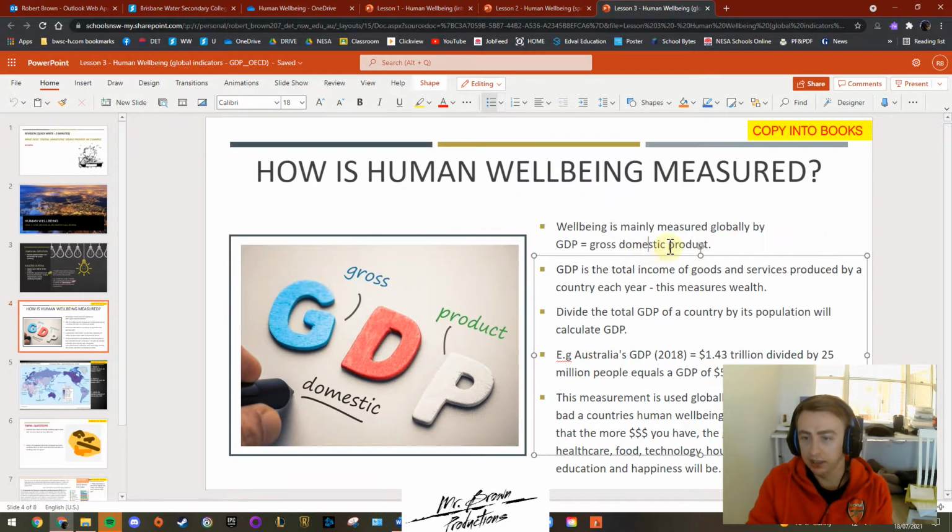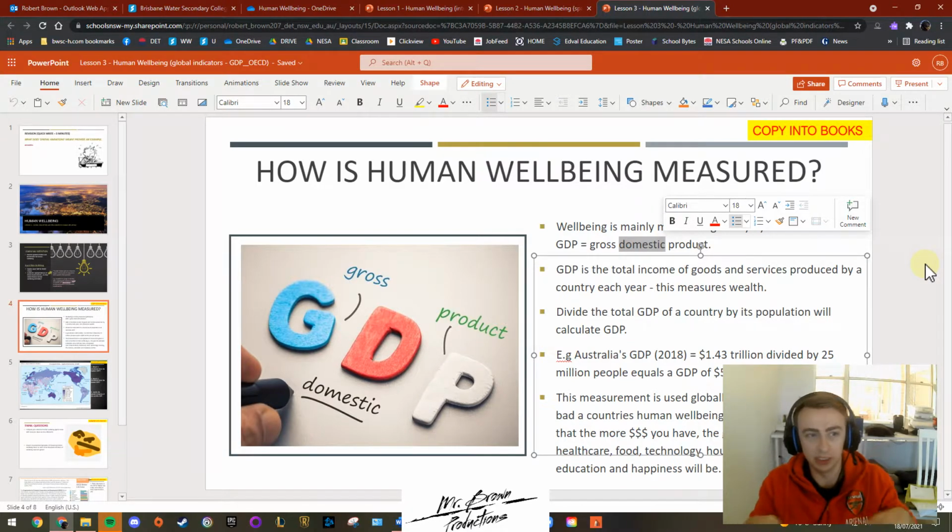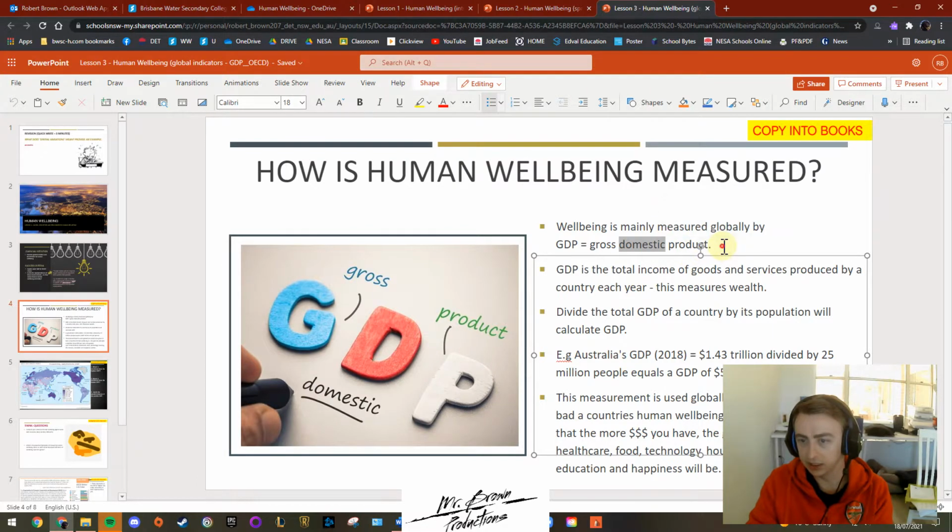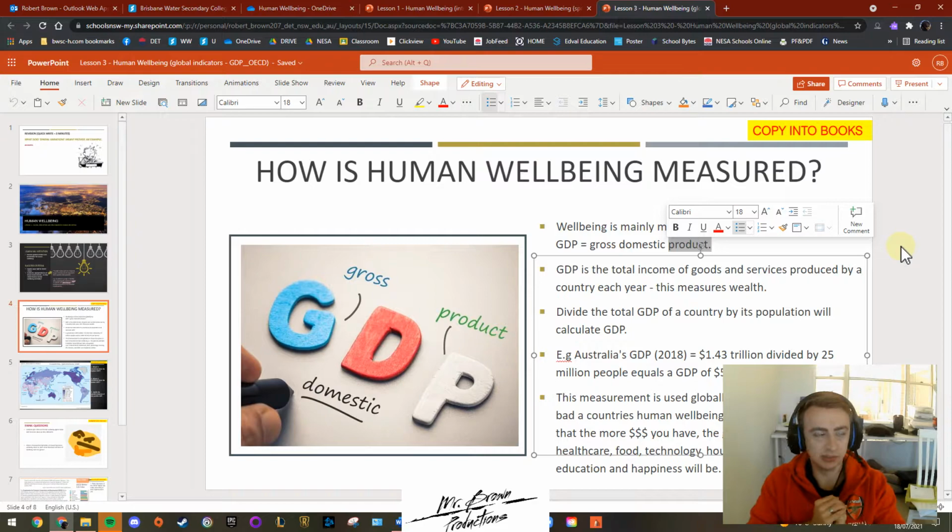Now when we're looking at the word domestic here, a lot of us think of that word as things relating to our home life. But in this context, the word domestic means the local country that it's investigating. And then product can mean a few different things. Here it's looking at the product of a country.